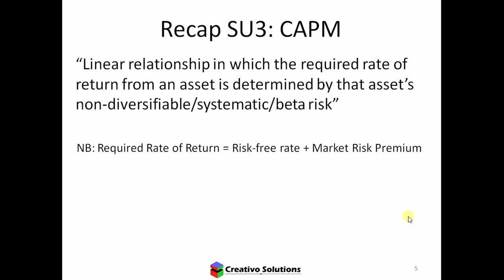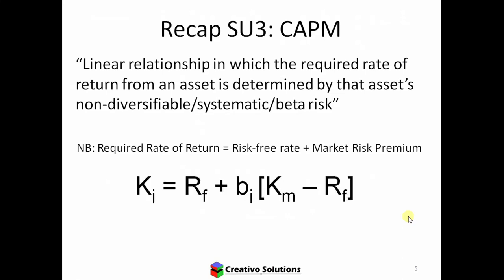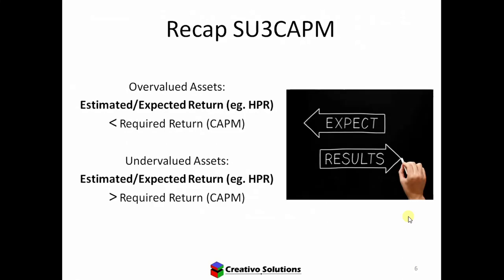So remember, when we're looking at investing, we're going to be trying to maximize the return on investment, but we're trying to minimize the risk as much as possible. So when we're looking at CAPM, please use that equation. Required return equals the risk-free plus the beta times the market return less the risk-free, which is basically your market risk premium. And if you add your risk-free, you're going to get the required rate of return.